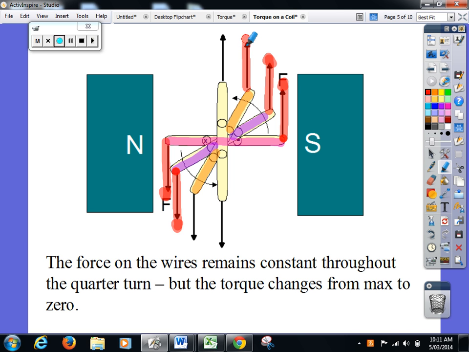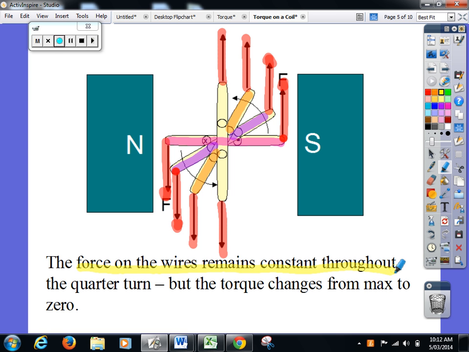It's the same, no matter throughout the whole of that turn. Why? Because the wire still is in the same orientation in the field. So the force on the wire remains constant throughout the whole of this quarter turn. It's only a quarter turn that we're looking at here. We understand that the force is the same.